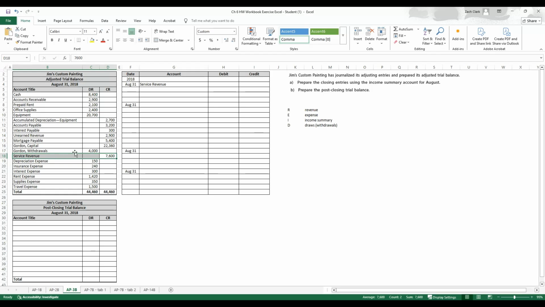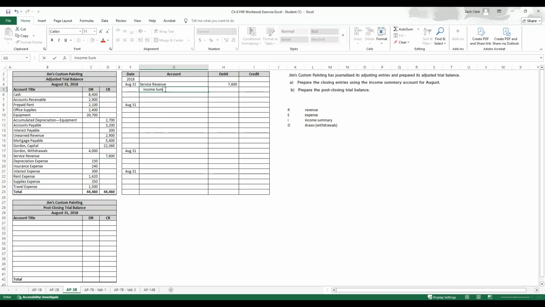It currently has a credit balance, so we want to debit it, and the amount that we debit when we're closing is just the same balance that it has. When we debit the account, it brings it to zero.